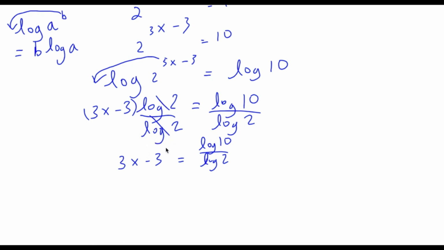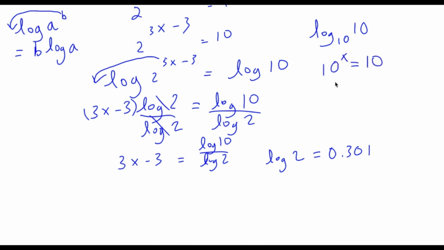Now, the value of log 2 is equal to 0.301. And log 10, this is the same thing as 1, because any logarithm always has a base of 10. So this is the same thing as log base 10 of 10. And this is essentially asking 10 to the power of x is equal to 10.